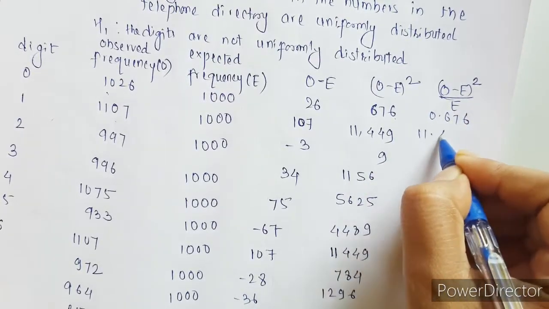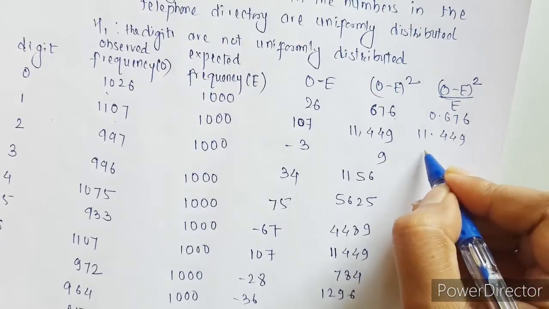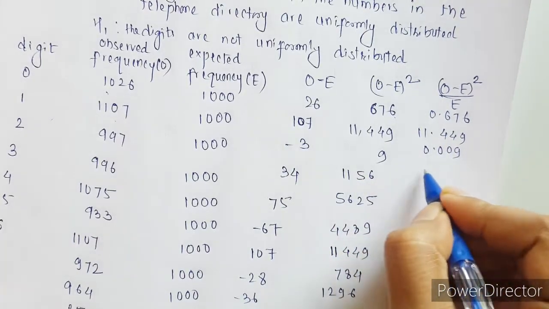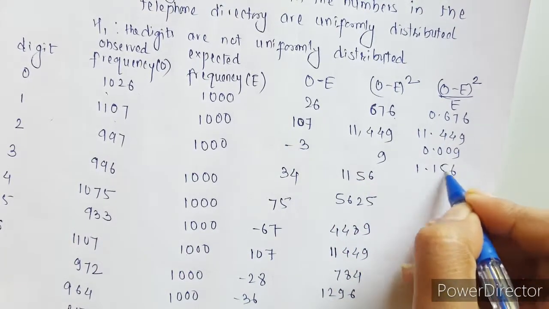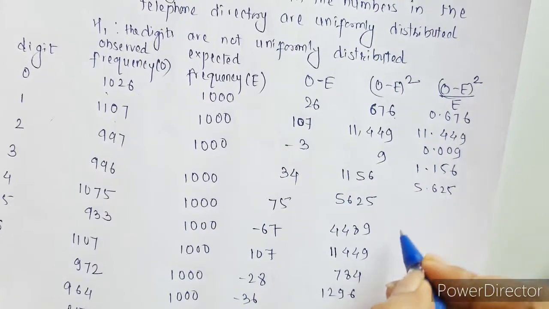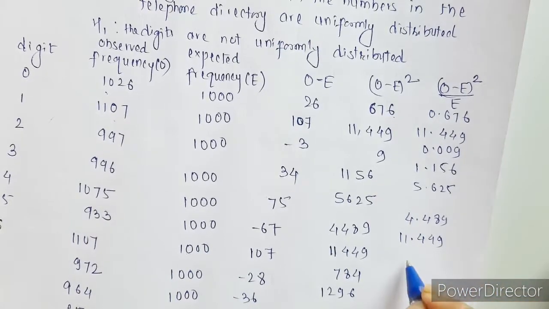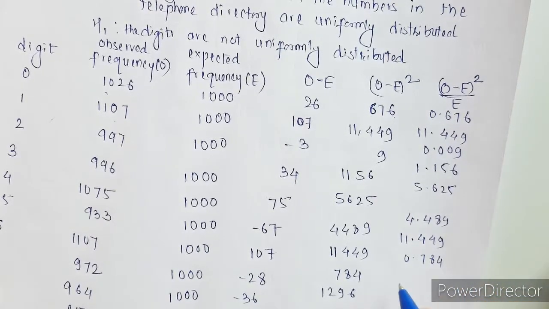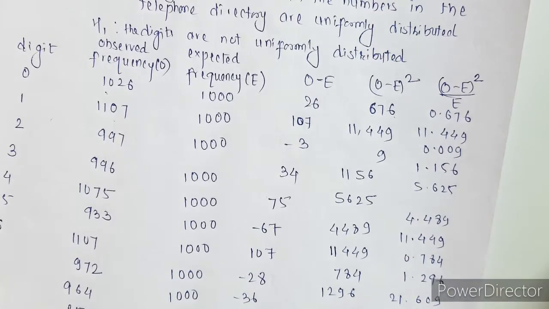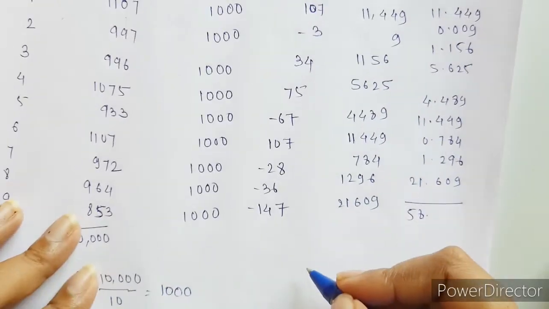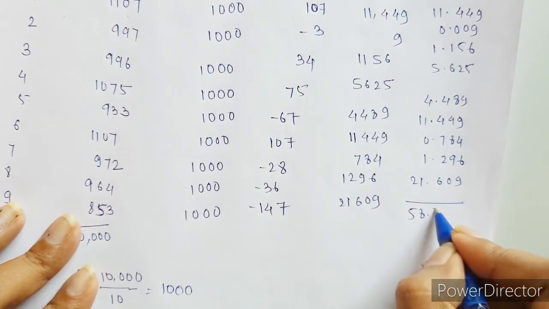Next will be 11.449, then 0.009, 1.156, 5.625, 4.489, 11.449, 0.784, 1.296, and then 21.609. And then we have to take the sum of this, and that is 58.542.